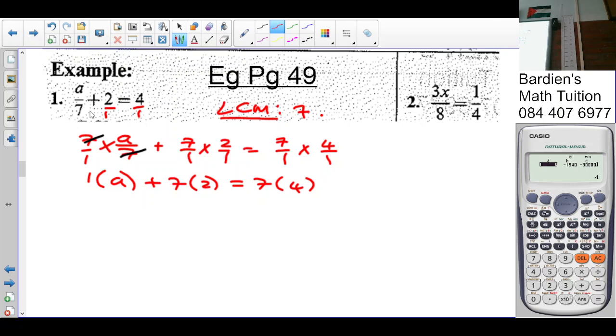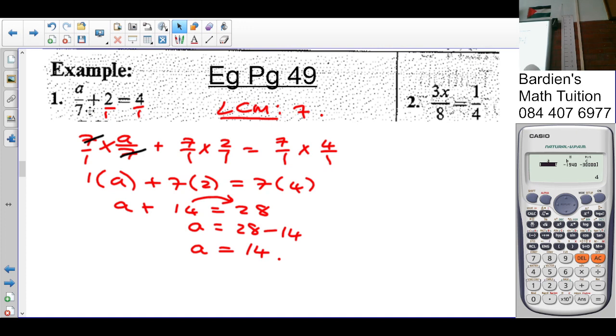So what do we have? A times 1 is A plus 14 equals 28. Take 14 over. So A is equal to 14. Any confusion there?